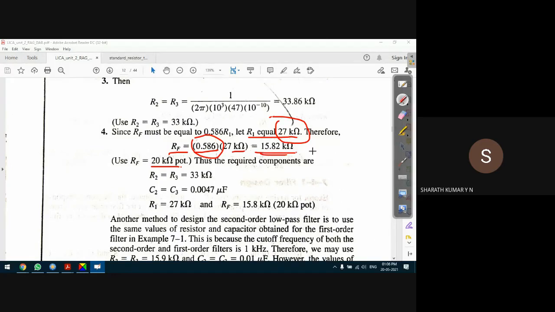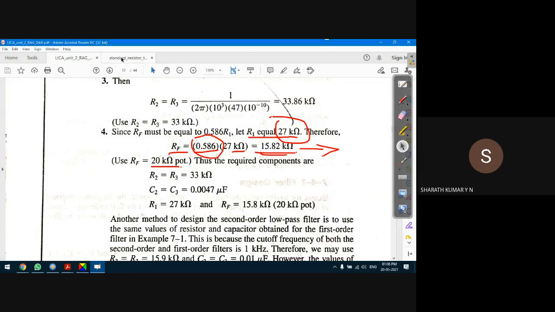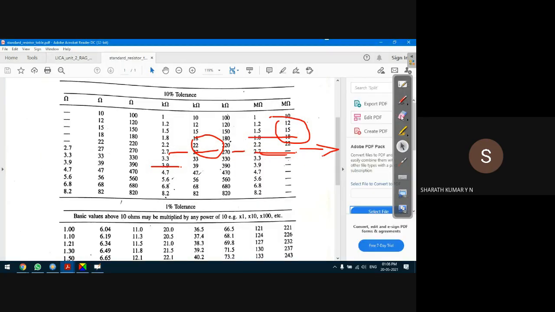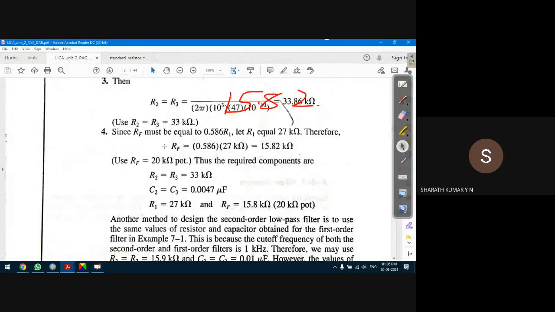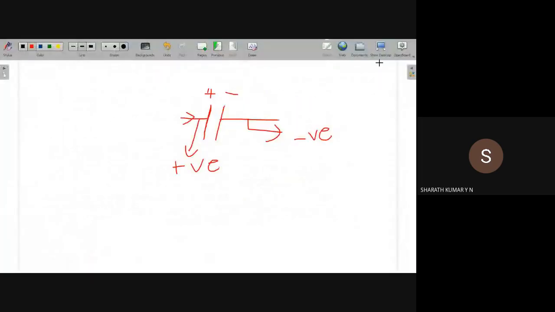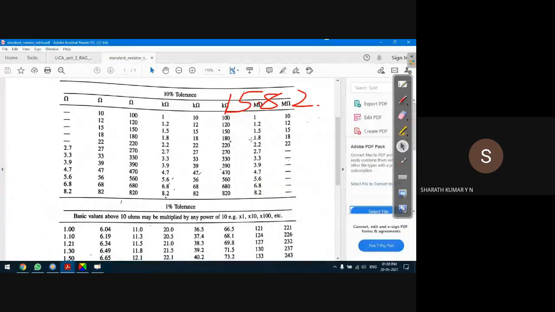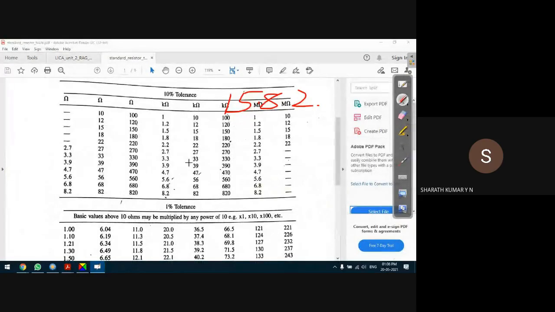Let us find the nearest standard resistor value for 15.82 kilo ohms. Let us go to the standard resistor table. For 15.82 kilo ohm, the standard resistors are somewhere one is 15, the other is 18.